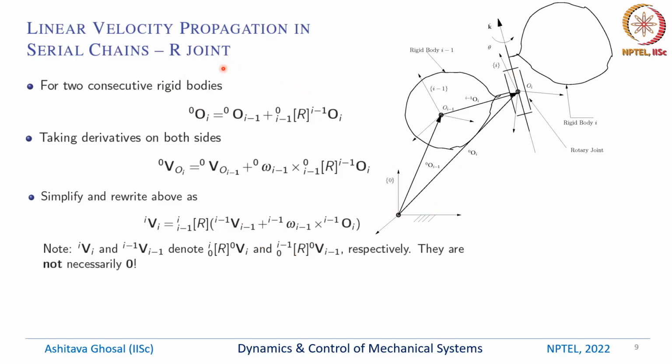And in this case, we are assuming all the rigid bodies in this serial chain are connected by R joints. So this formula is very well known and it is used in many serial chains. It is nothing but the linear velocity vector propagation in rigid bodies in a serial chain with R joints.